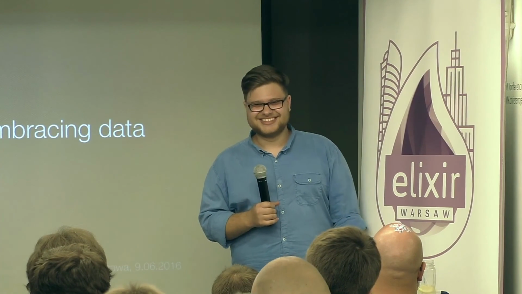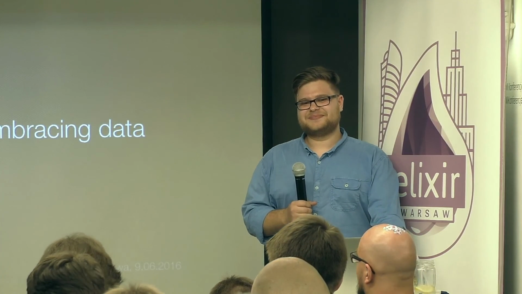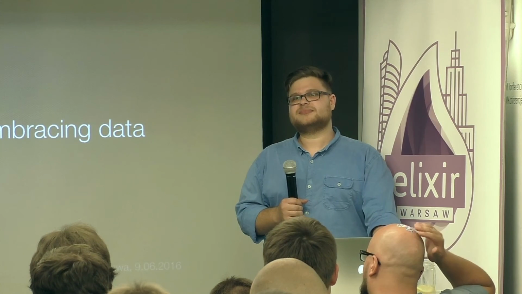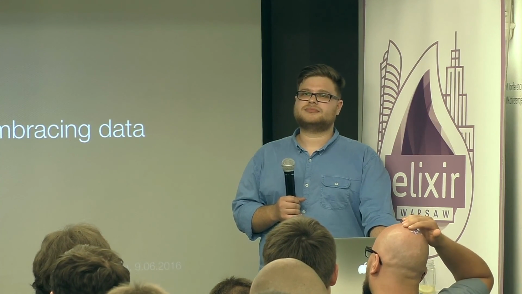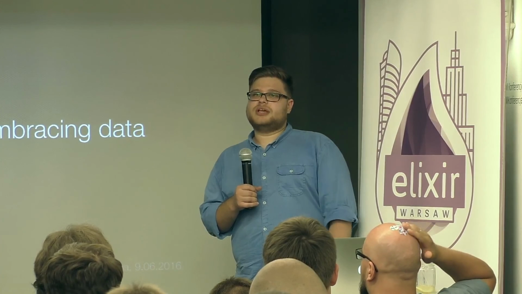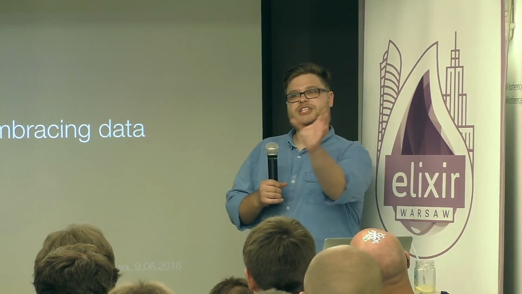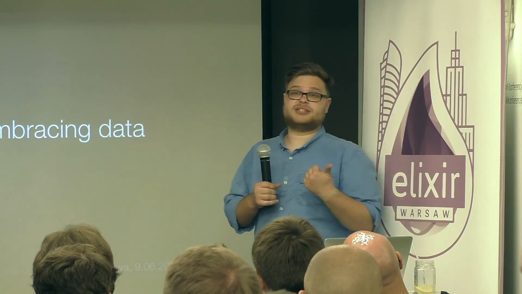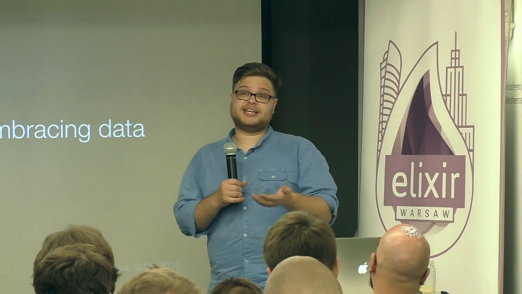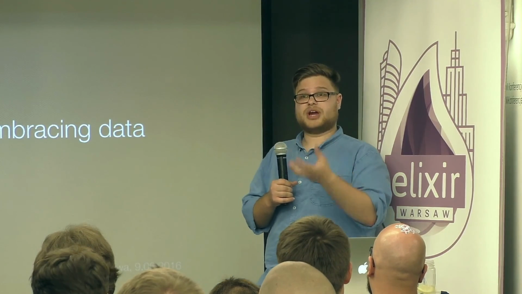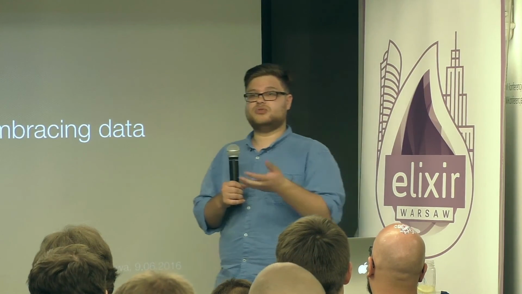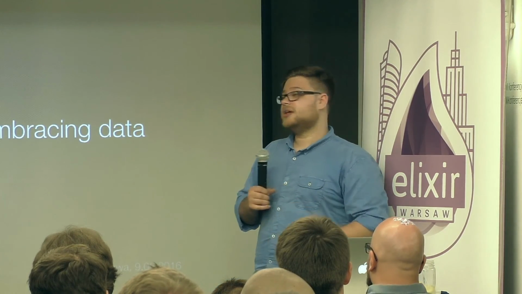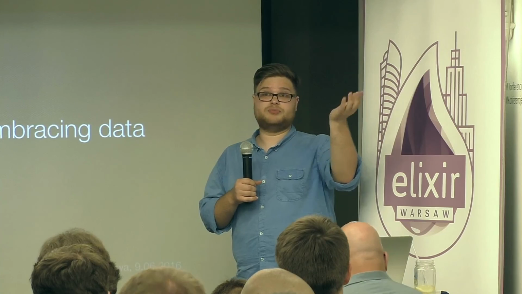Okay, and my last question is, how would the interface of this validate email function look like? What would it get as an input when you have an error from the database? So this function would get the changeset, and the changeset has a couple of fields. One field is called data, that has the struct that you used to start the changeset. Another field is called params, that has the raw params you passed in.